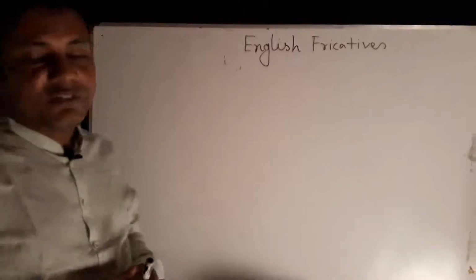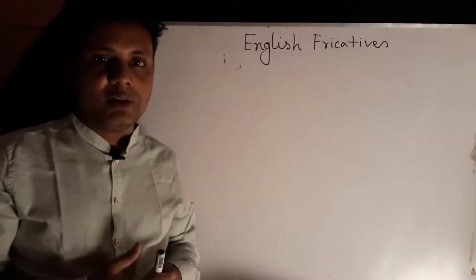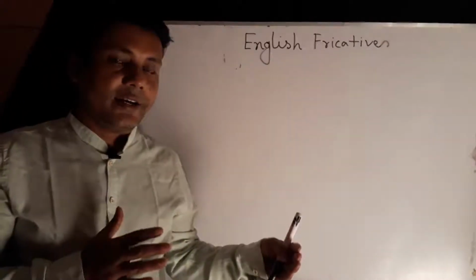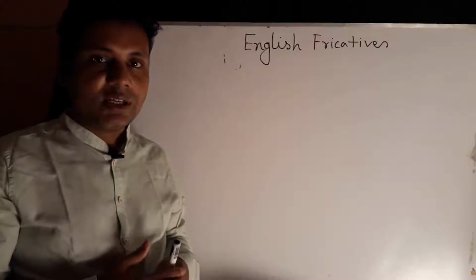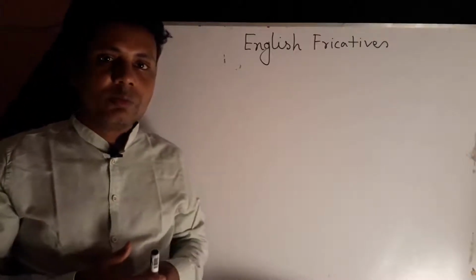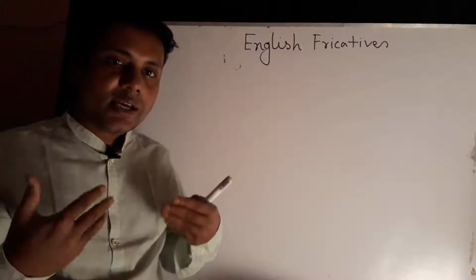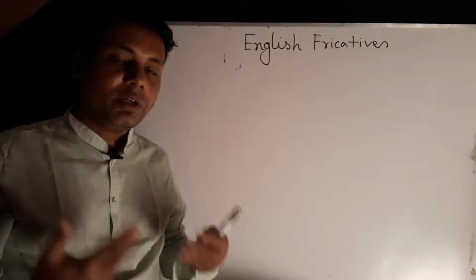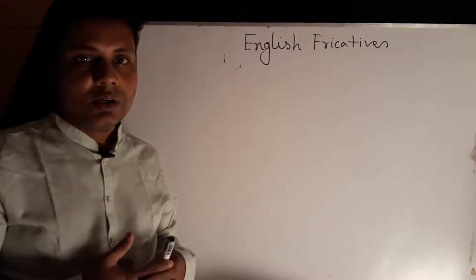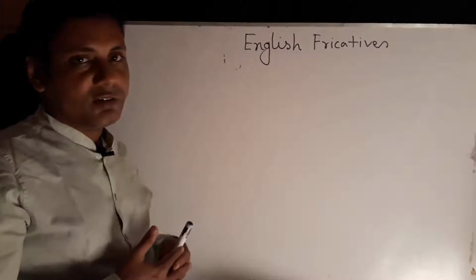English is a fricative dominant language. On the other hand, Bangla is a plosive dominant language. So English speakers from Bangla background should take special care in learning English fricative consonants.